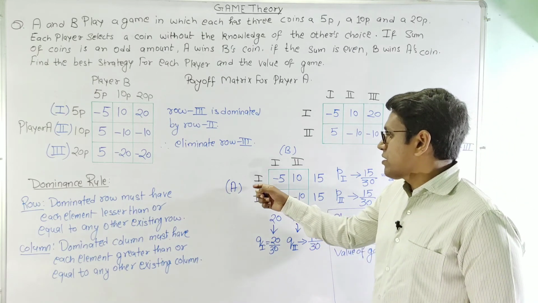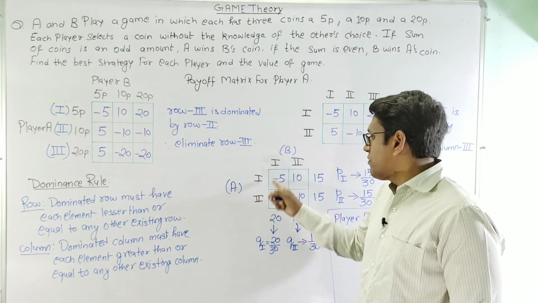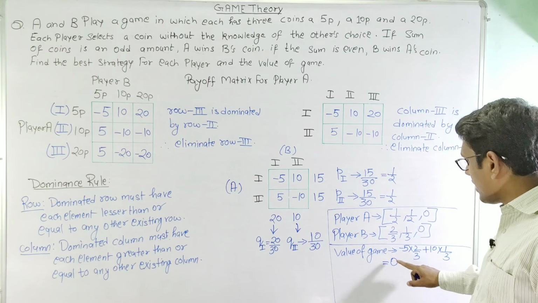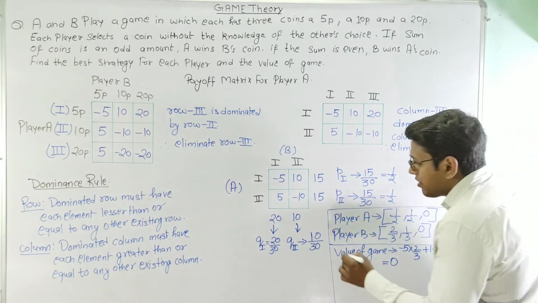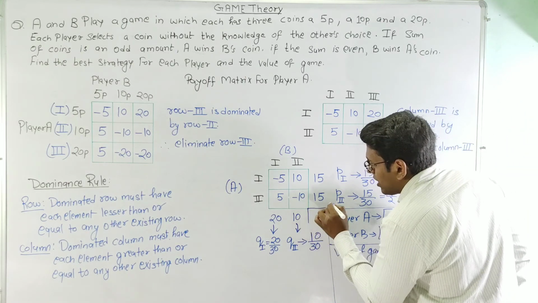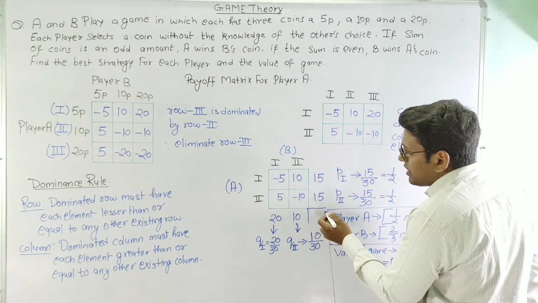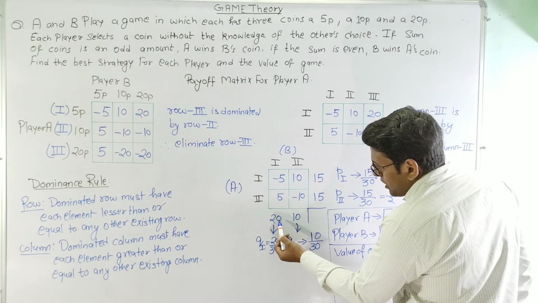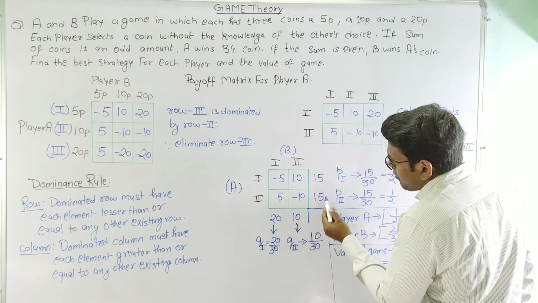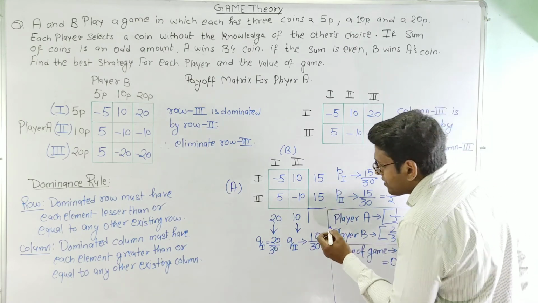So if we consider row 1, row 2, column 1, column 2, the value of game will be the same, because we can see here that the sum of the oddments horizontally and vertically are equal. So horizontally 20 plus 10 is 30, vertically 15 plus 15 is 30.